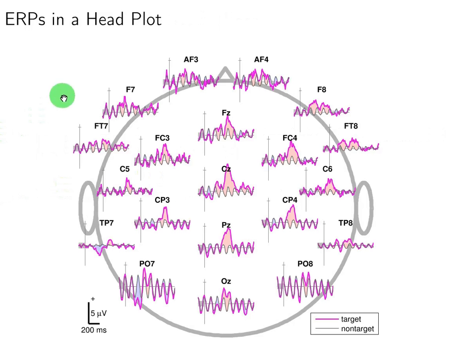The first example is that we can plot these ERPs in a head plot and visualize them in the following form. What we have here are channels corresponding to AF3, AF4, CZ, CPZ, and this is the head shape, represented by a circle, right ear, left ear, nose.